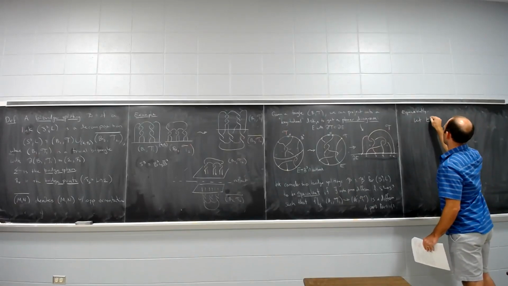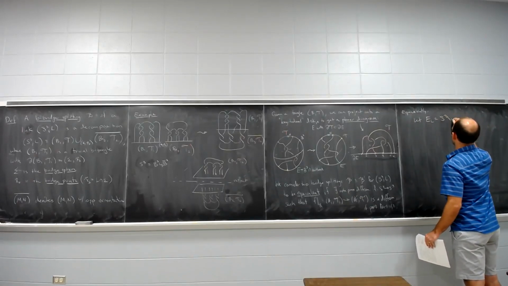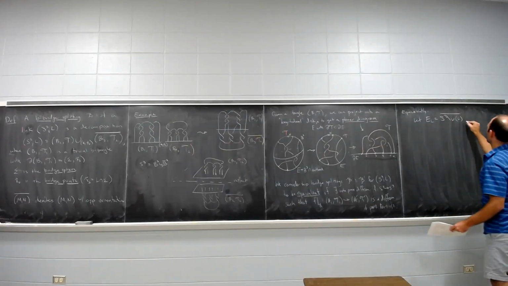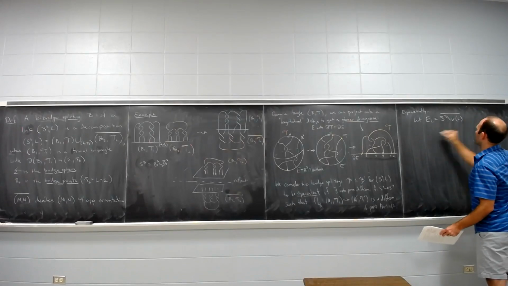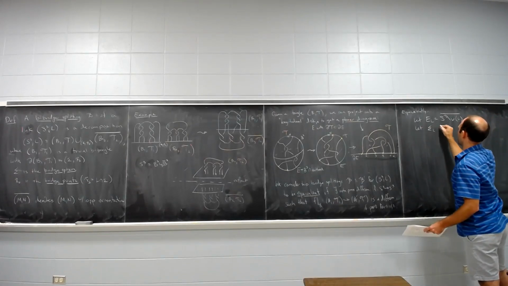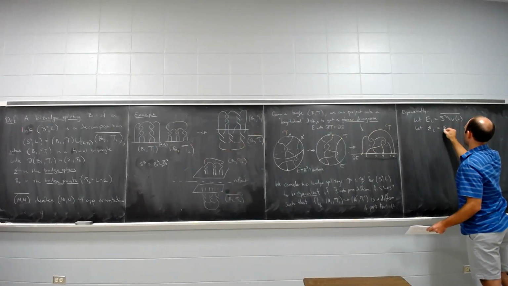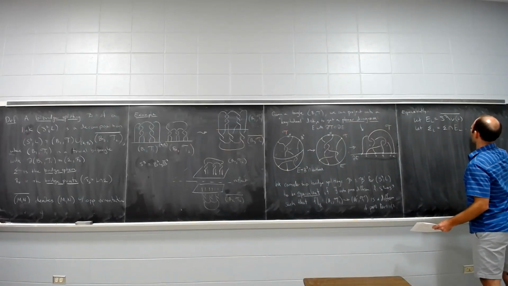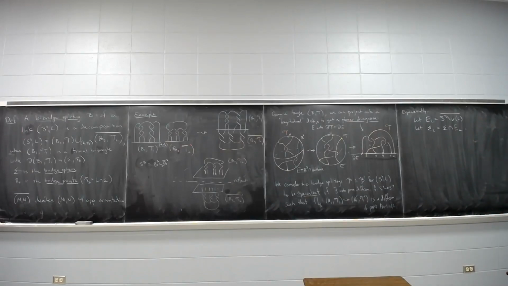Let's let E sub L denote the link exterior, and we'll let sigma sub L equal the bridge surface sigma intersect the link exterior. So this looks like some meridional surface, right? We take sigma sub L to be some punctured surface, some punctured sphere.